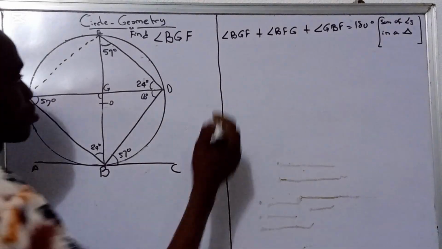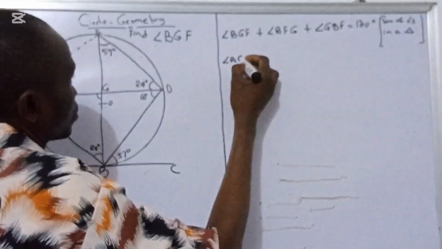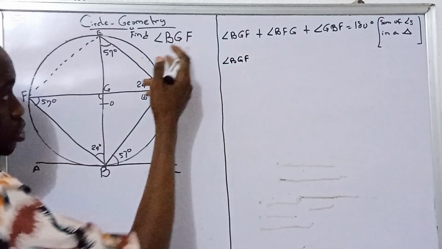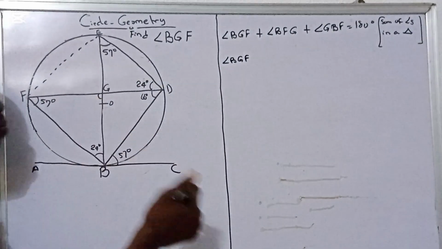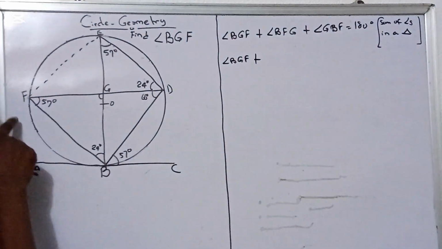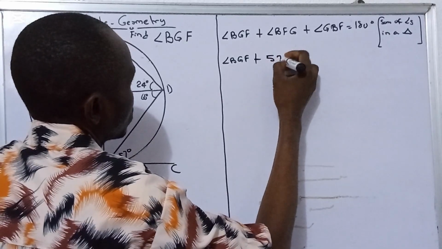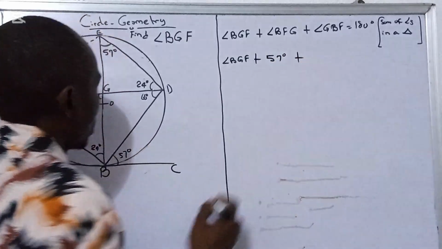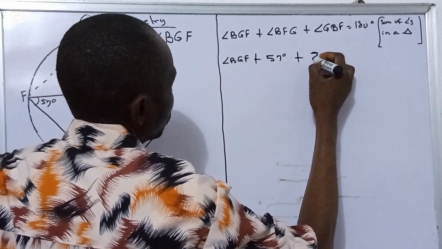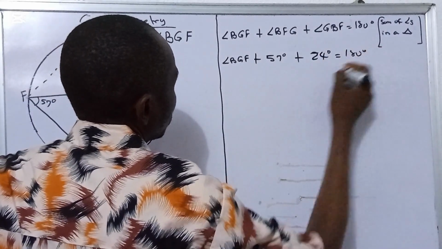Angle BGF is unknown, but angle F is 57 degrees while angle B is 24 degrees. Everything equals 180 degrees.